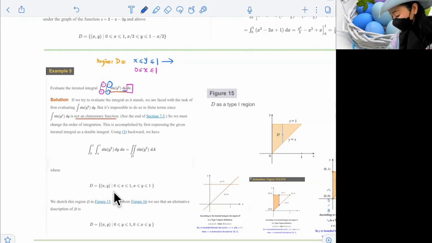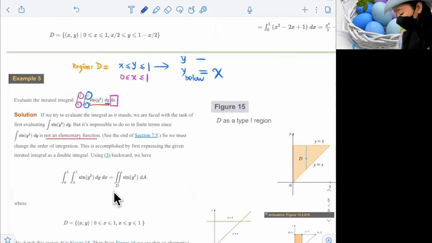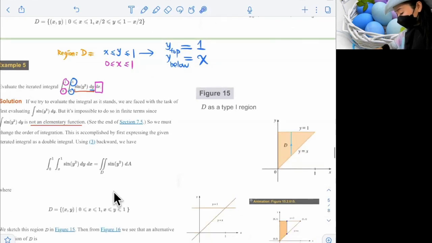The y below is equal to x, and the y above, the top, is equal to 1. So you have two curves: the top one is y equals 1, the bottom one is y equals x. And we know how to graph them.